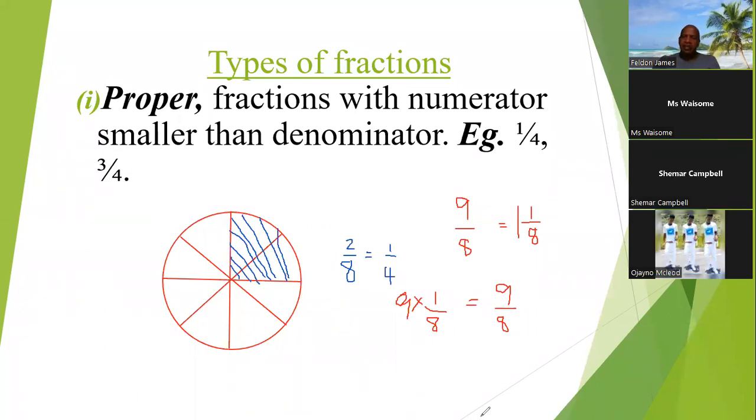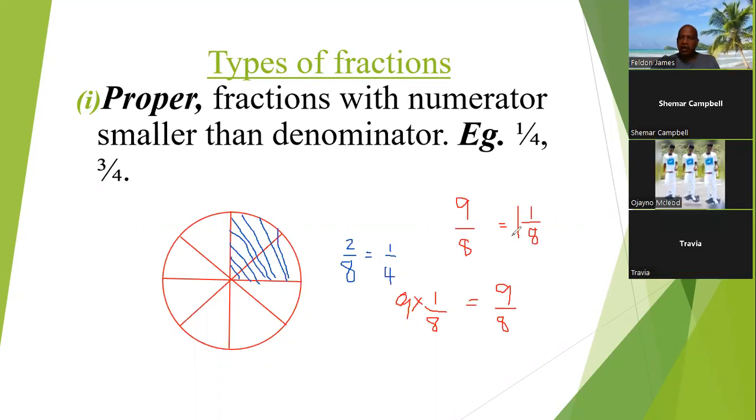Yes, sir. So the 1 here tells you that you have 1 pizza plus an extra slice. So that is 1 and 1/8. And that is what we call a mixed fraction or a mixed number, right? Now, the denominator 8 really tells you that we are dealing with pizzas that are cut up into 8 parts.